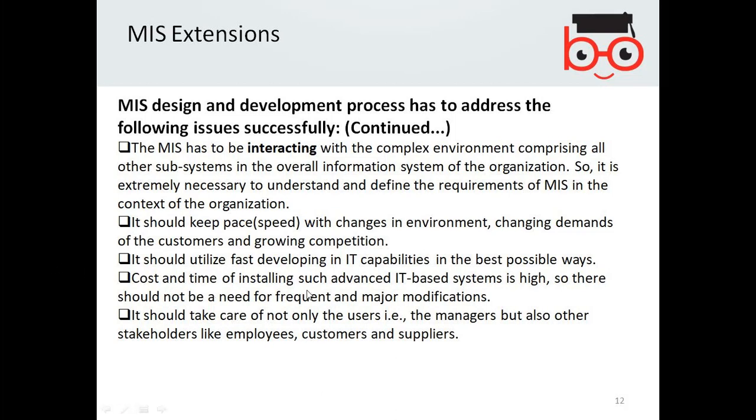Cost and time of installing such an advanced IT-based system is high, so there should not be a need for frequent or major modifications. It's true that IT is not cheap, and the replacement is time consuming as well as expensive.